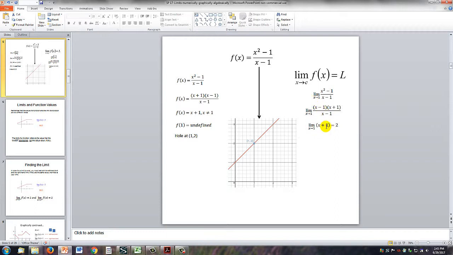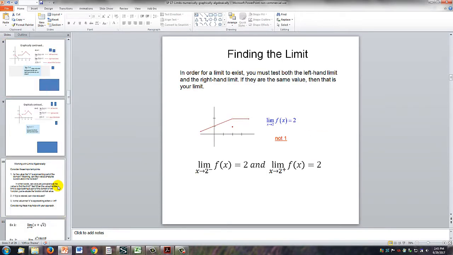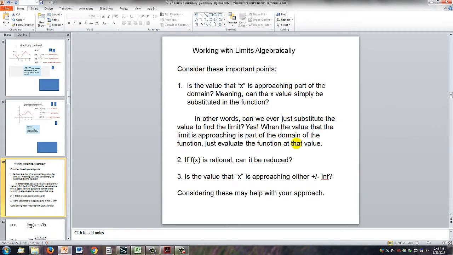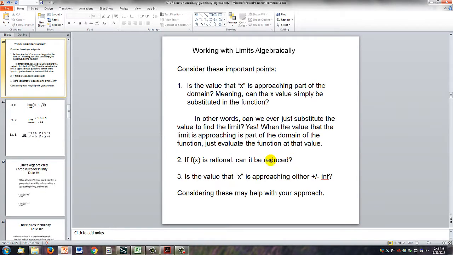Now 1 is in this domain, then you can put 1 in. So if the function is rational and you want to find the limit algebraically, you can factor and then reduce the function and then plug in the value that x is approaching, because we're finding the limit. We're not evaluating the function, we're just finding the limit.